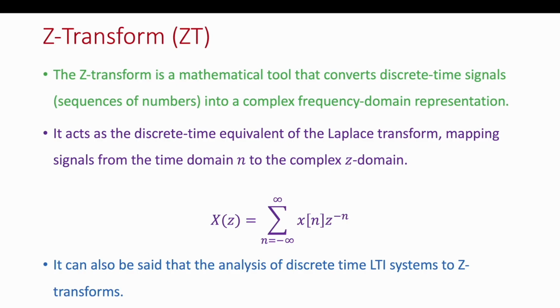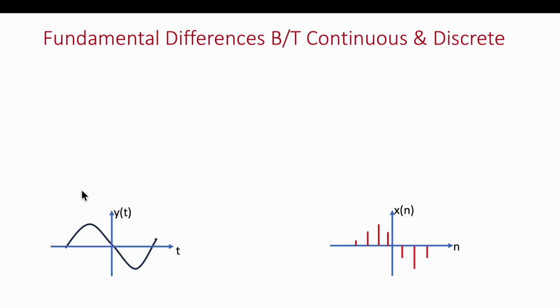For the Z transform, we basically convert the discrete time signal into the complex frequency domain representation. The last two transforms, Laplace and Fourier, are used for continuous time signals, but the Z transform is used for discrete time signals. But all these transforms are used to analyze the signal in the frequency domain.